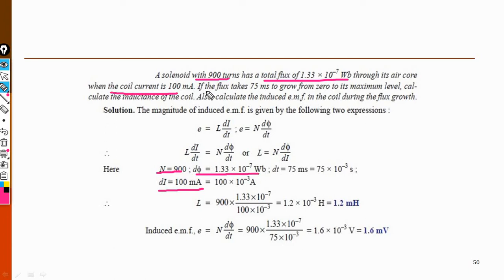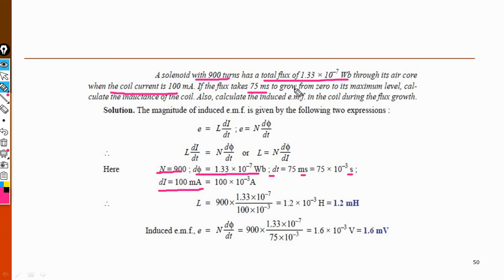Then if the flux takes a time of 75 millisecond, that is, time dt is 75 millisecond, then we have to convert millisecond to second, that is 75 multiplied by 10 raised to minus 3 second.